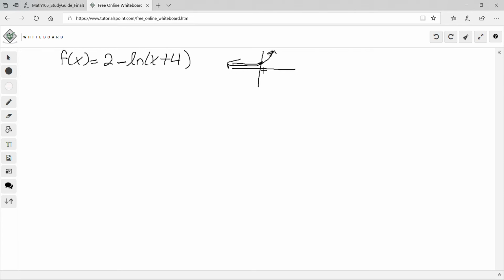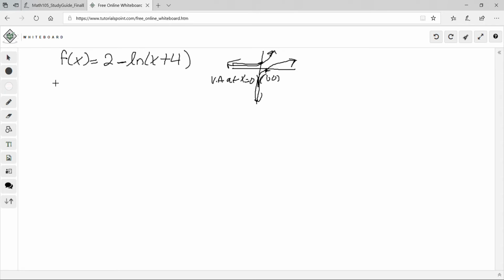Now, log and natural log are pretty much inverses of exponential graphs, so we will not have a y-intercept, we'll have an x-intercept of 1, 0. So it will look something like this. But we have a vertical asymptote now at x equals 0.